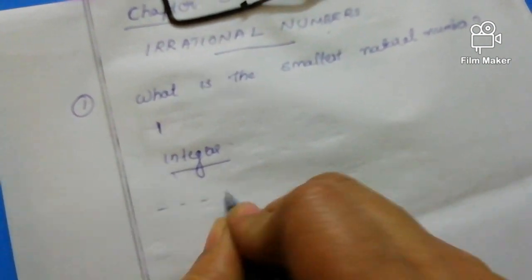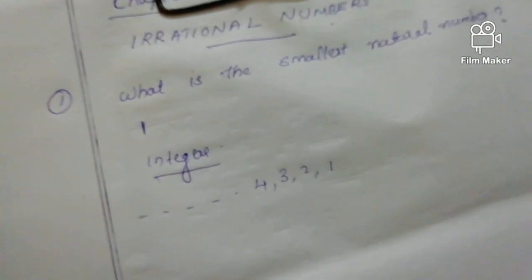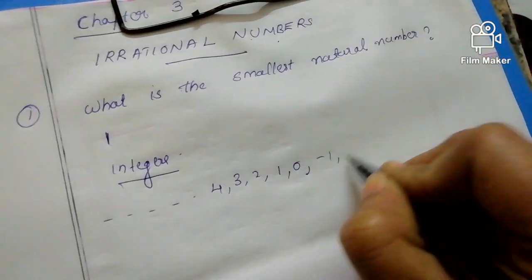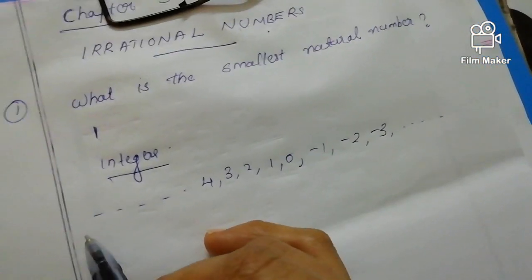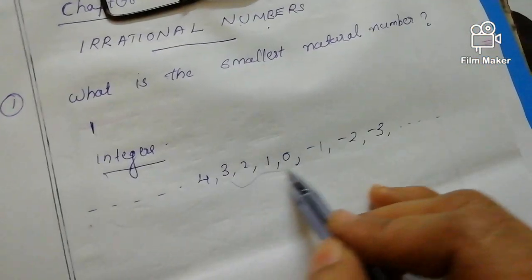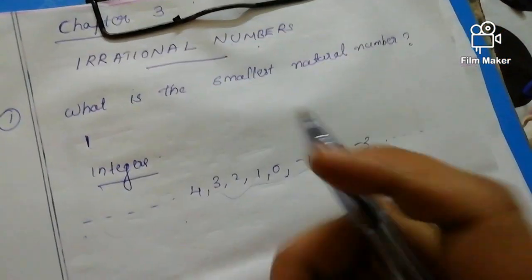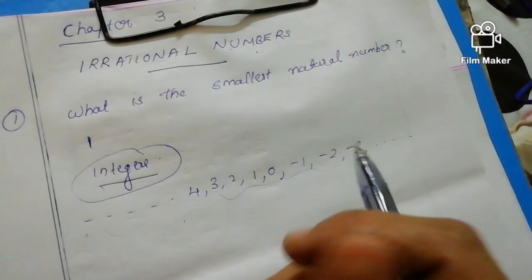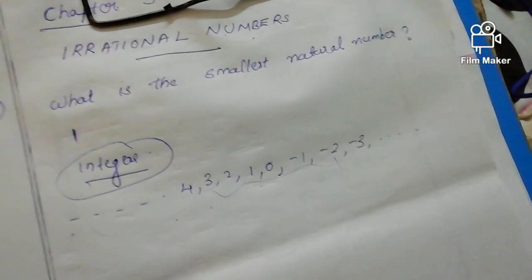That is etc., 4, 3, 2, 1, comma 0, comma -1, comma -2, comma -3, etc. These numbers together form another new set of numbers, that is integers. The integer set includes 0, positive numbers and negative numbers also.